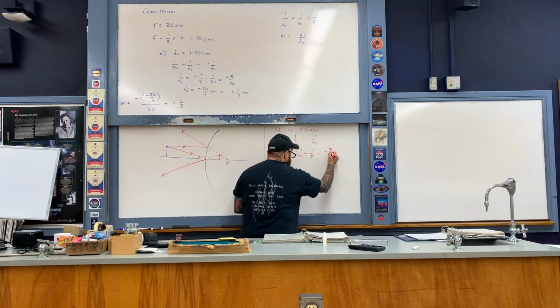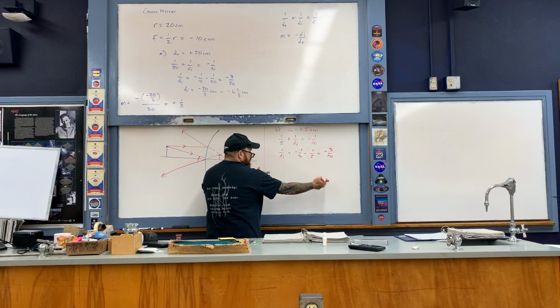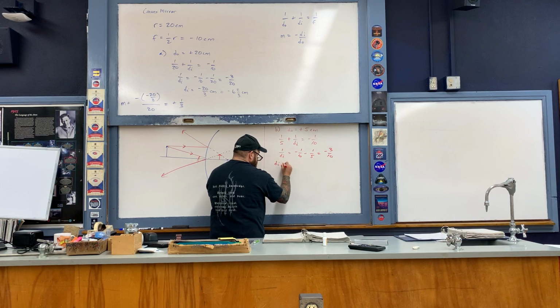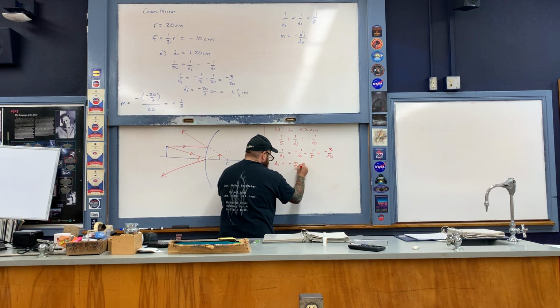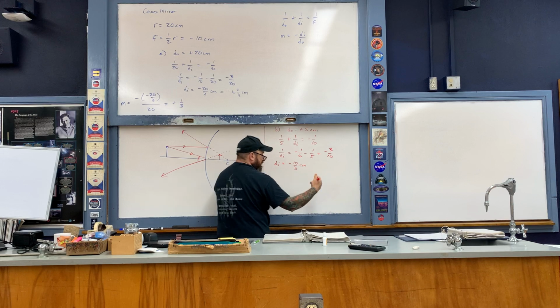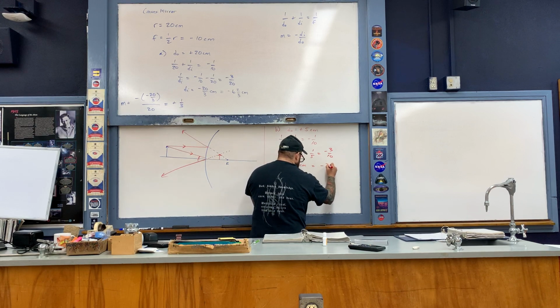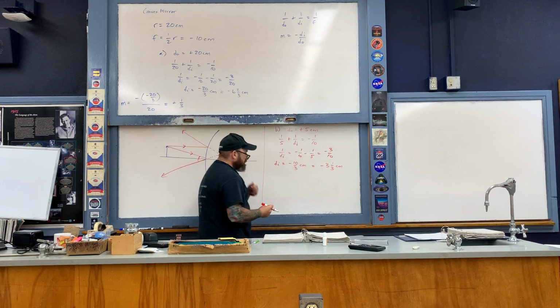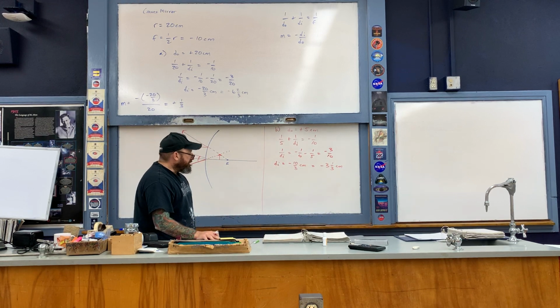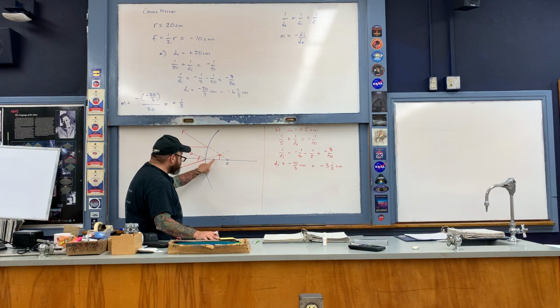This is negative 3/10. Take the reciprocal here to get the image distance, negative 10/3 centimeters. So that's what, 3 1/3, like so. So then therefore the image is a little closer to the mirror than it was earlier.